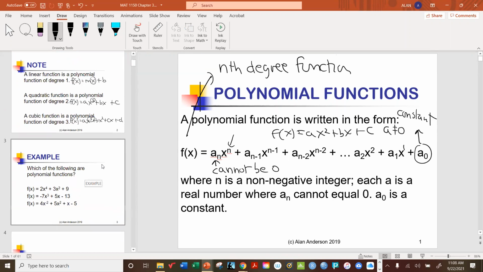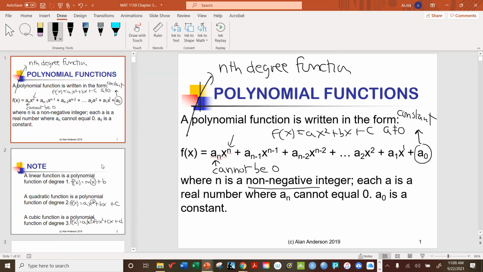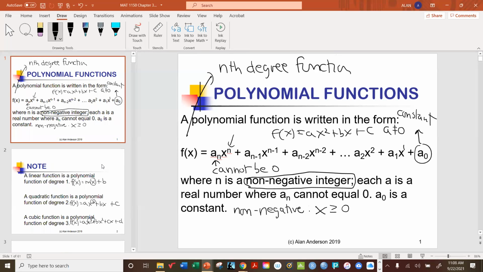Now, by the way, there's one more thing I want you to notice. I forgot all about this. n is a non-negative integer. The word non-negative means that it's either greater than or equal to 0. In other words, a number that's non-negative is either positive or equal to 0.